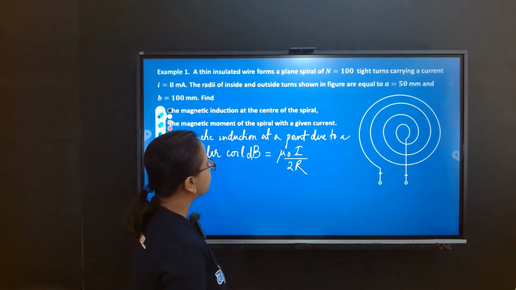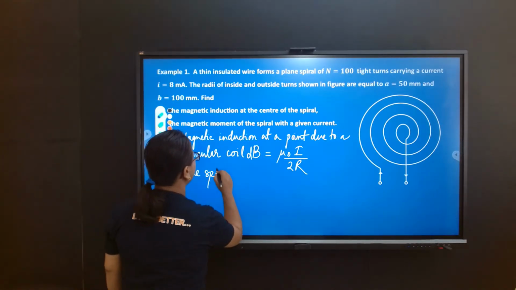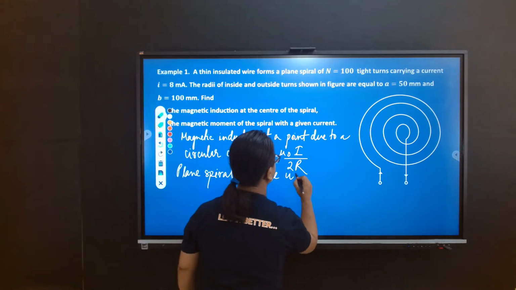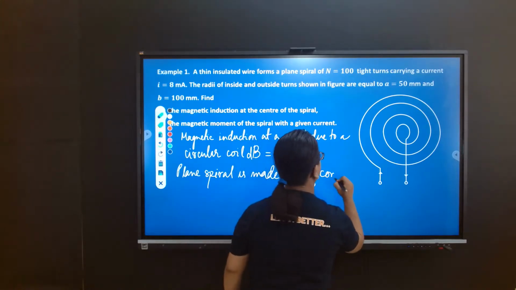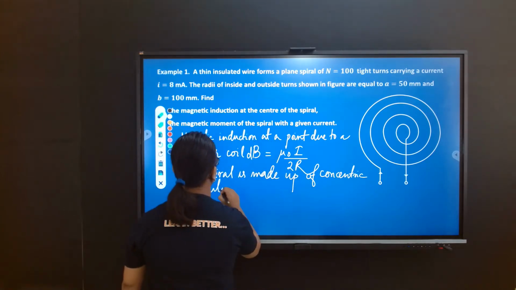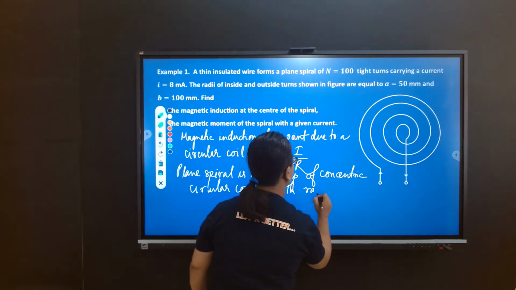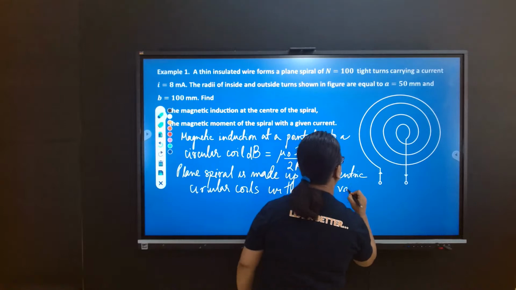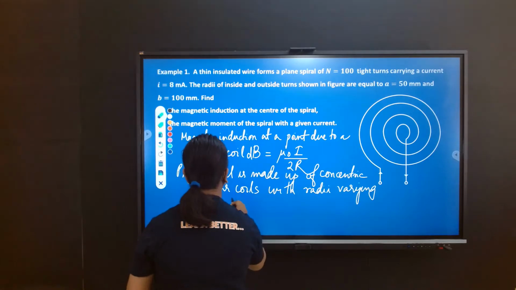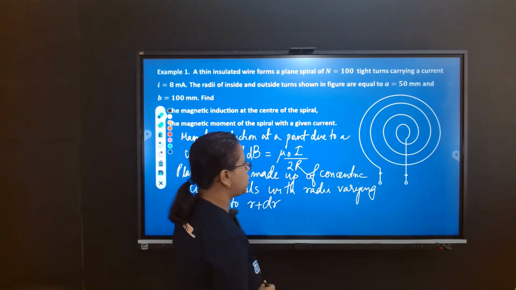Now moving forward, a plane spiral is actually nothing but made up of concentric circular coils with radii varying from R to R plus dr. So this is the variation in radii.